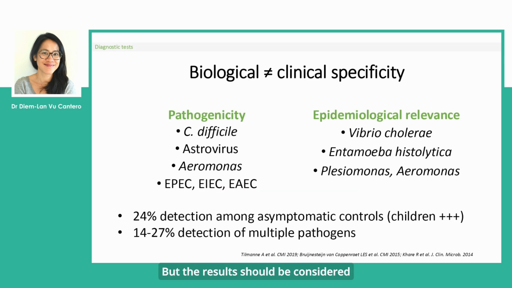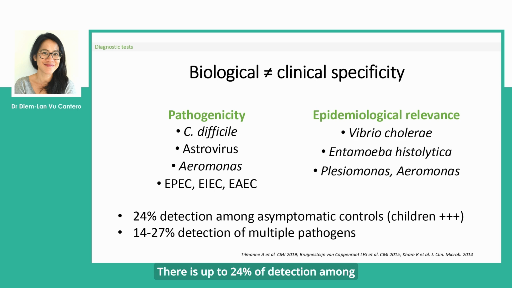But the results should be considered in light of the pathogenicity and the epidemiology of the pathogen identified. For example, the pathogenicity of some E. coli has not been well studied or understood, and the identification of a Vibrio or Entamoeba in a patient who has never traveled abroad should be challenged.